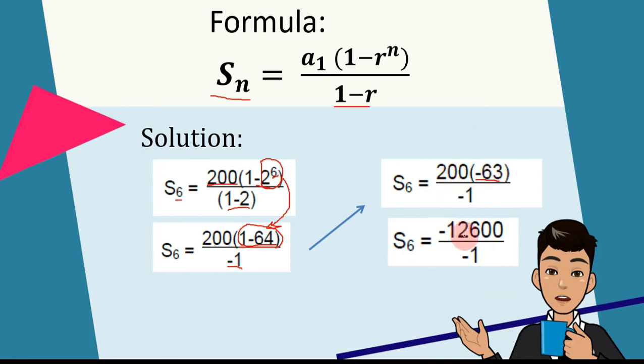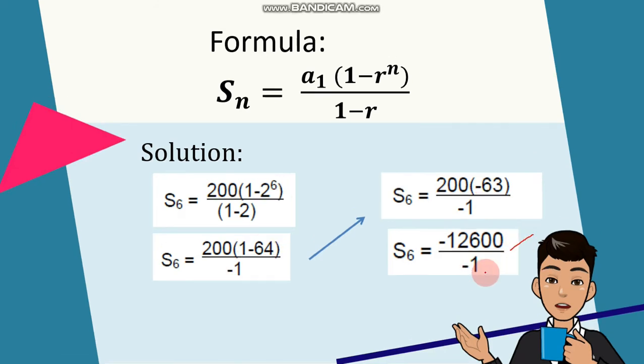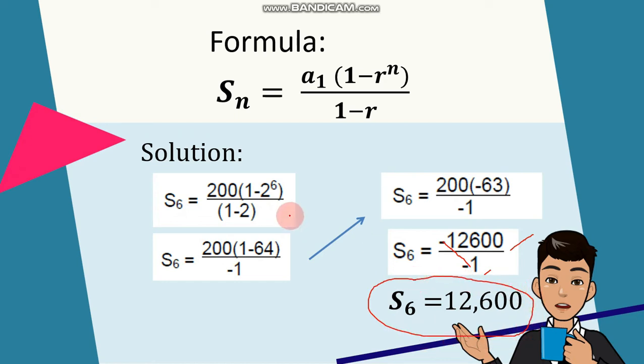We'll get an answer which is negative 12,600. Then sa denominator, andun pa rin yung ating negative 1. If you are going to divide these two numbers, you may cancel this one, or you may simply divide 12,600 over 1 to get the answer which is equal to 12,600. So therefore, that is the sum of the 6 terms in our problem. I hope you got it.